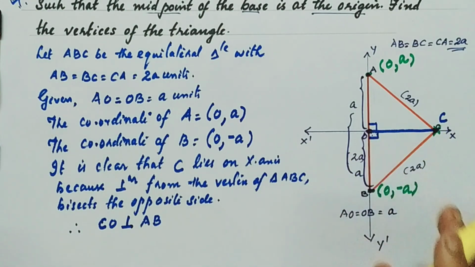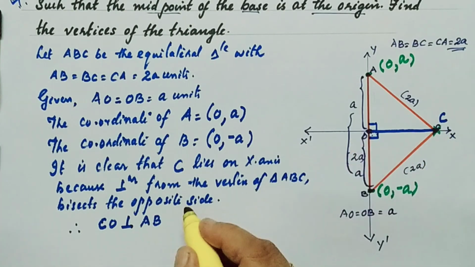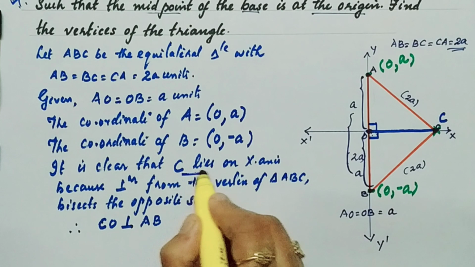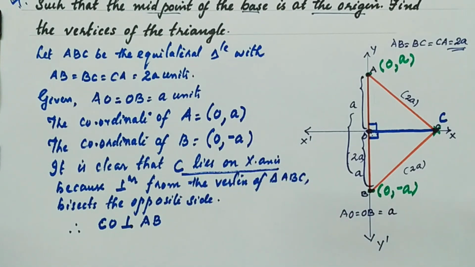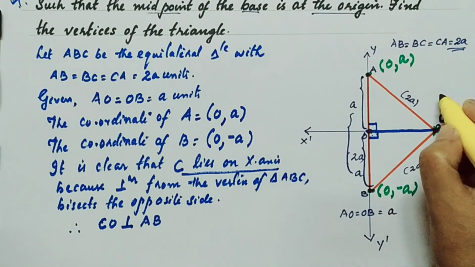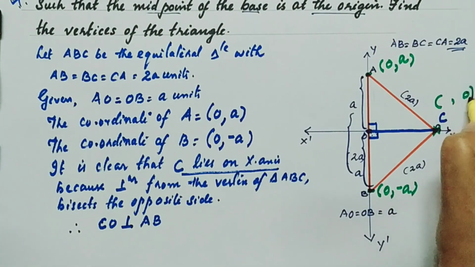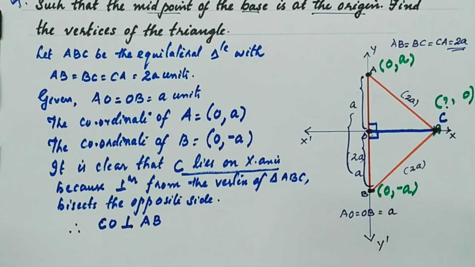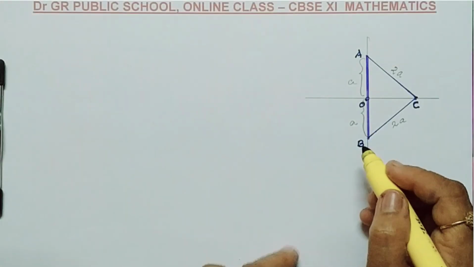So, C lies on the x-axis. That is very clear for you. So, CO is perpendicular to AB and C lies on the x-axis. If C lies on the x-axis, any point on the x-axis has its y-coordinate 0. You need to find the x-coordinate alone.